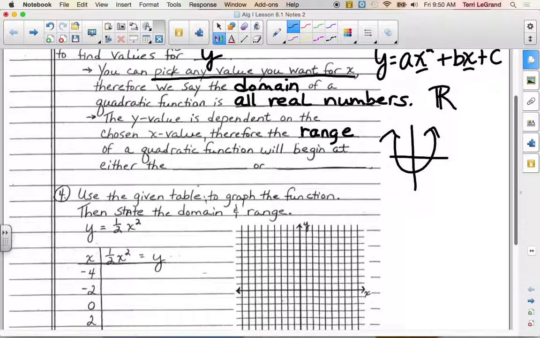Because it starts going down, and by the way, it's hard to envision that the domain is all real numbers because it looks like it's really only in this section right here. But this keeps going and going, and as it's going, it keeps going out and out.